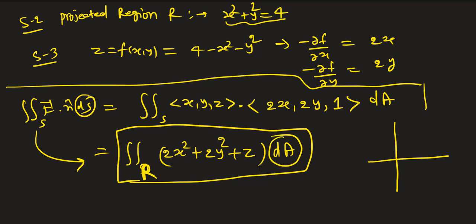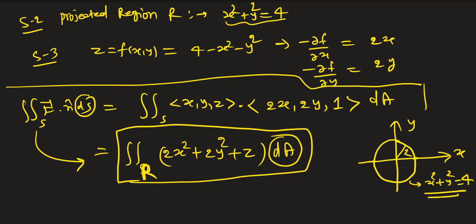And dA is the region in the xy plane. So what is this region in the xy plane? If this is x, this is y, this is our circle with radius 2, and this is x square plus y square is equal to 4. Now you have to calculate this double integral over this surface.